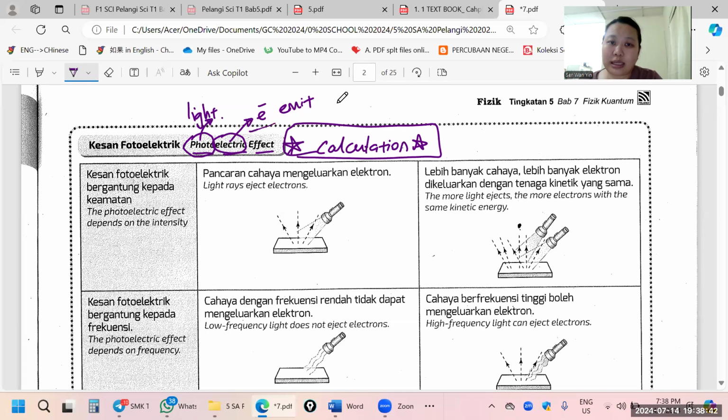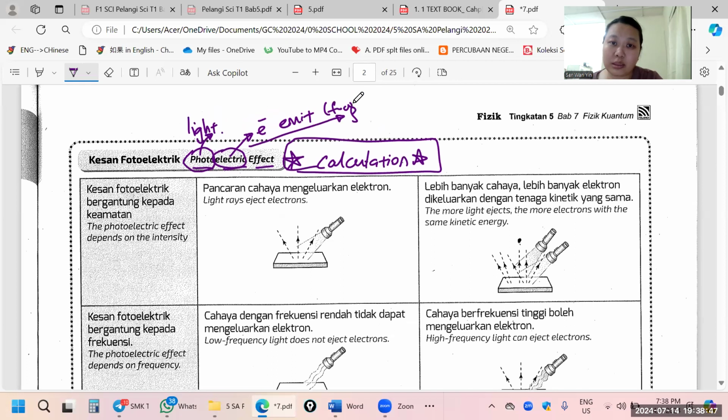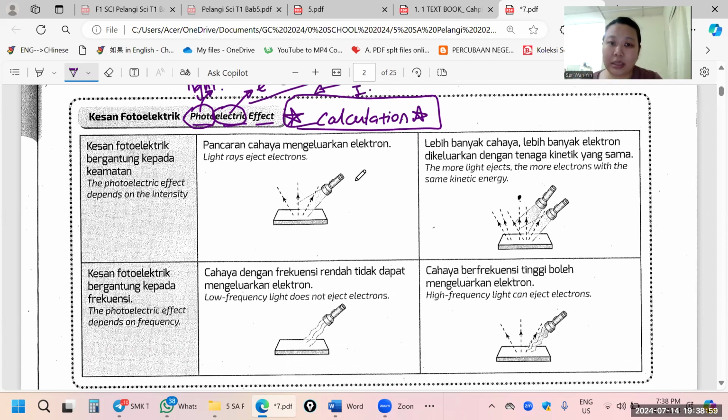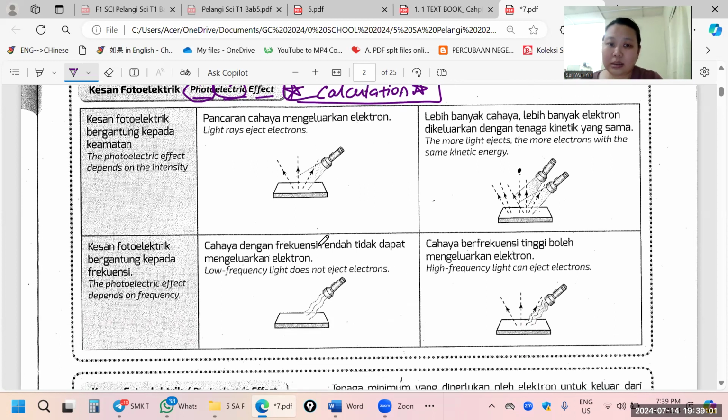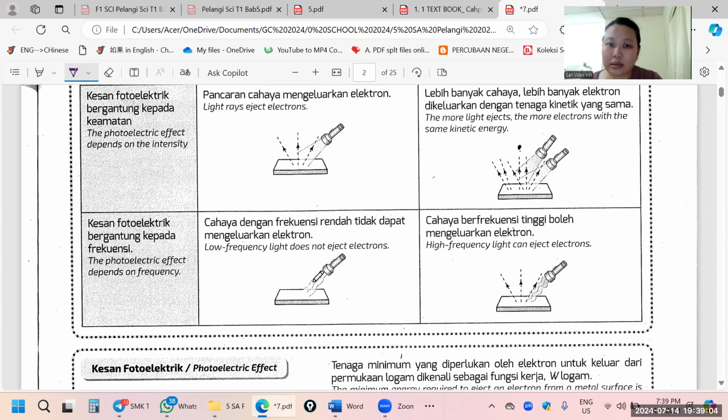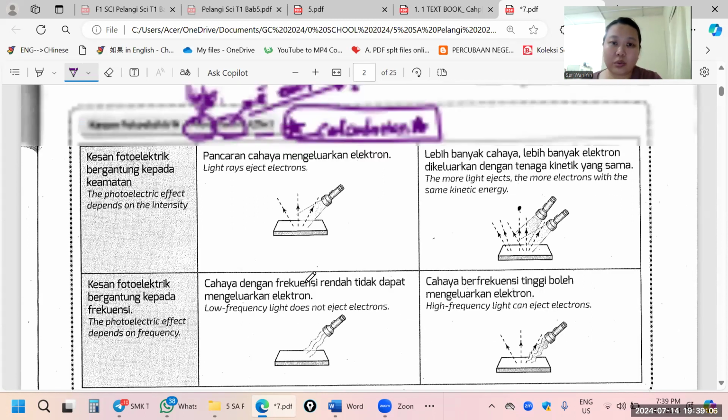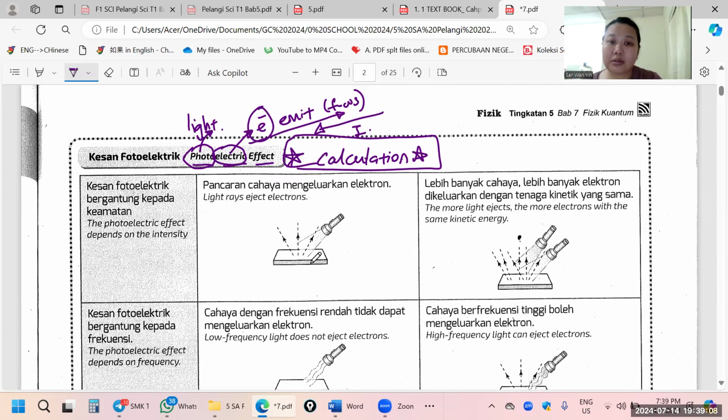Emitted out means it will start to flow. When electron starts to flow, what will flow at the same time? Current. Okay. So photoelectric effect means the light shines on the metal surface and the metal surface will give out electron.